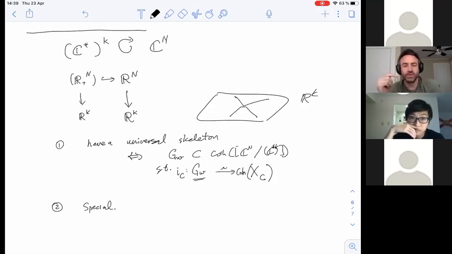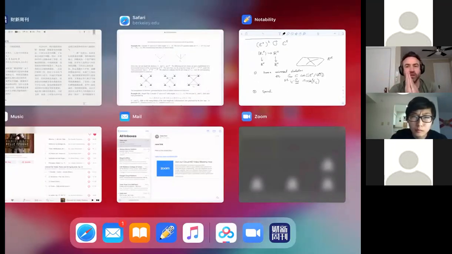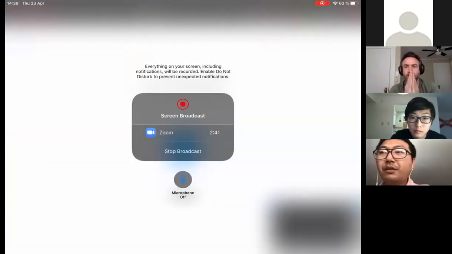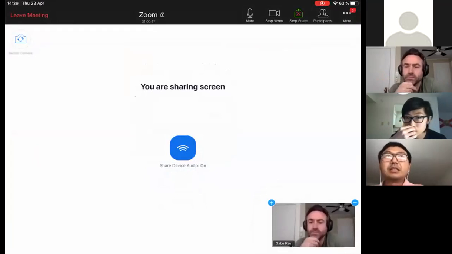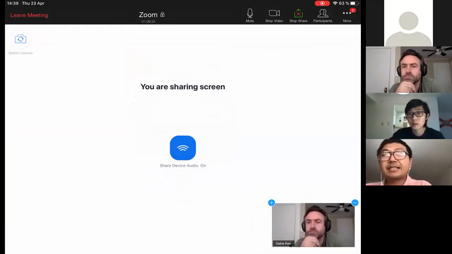I would have thought these window categories are like wall contributions. I mean, they're associated to codimension 1. Not quite, no. If you do not ask for a universal skeleton, then you can build locally.